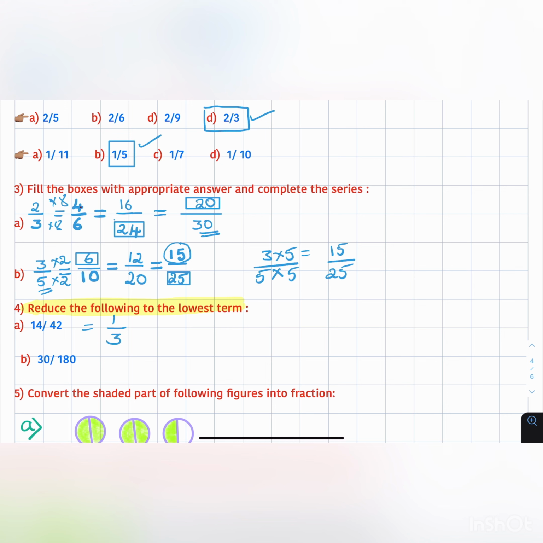We can do it directly, or if you want to find out the HCF, so find out the HCF, and then 42 will be equal to 2 21s are, then 3 7s are, and the HCF is 2 into 7, so it is 14, and we can divide both numerator and denominator by 14, so we will get 1 by 3.